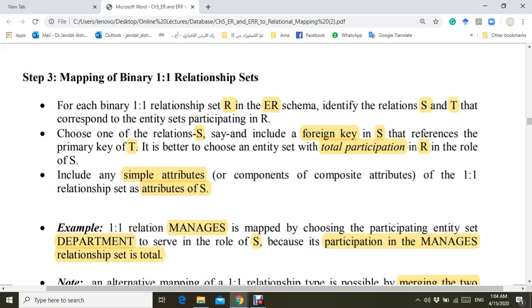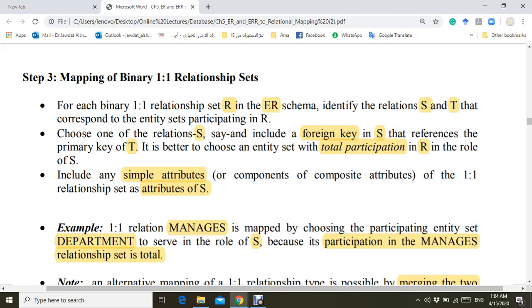It's better to choose the total participation, because in a one-to-one relationship we have partial participation and total participation. For example, all employees are working for a department, so the total participation is the employee.